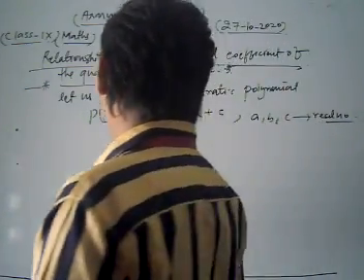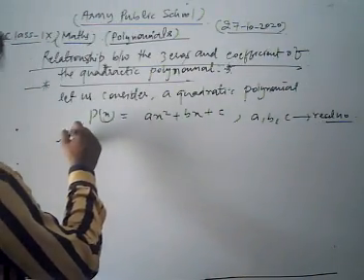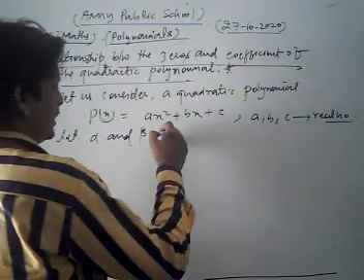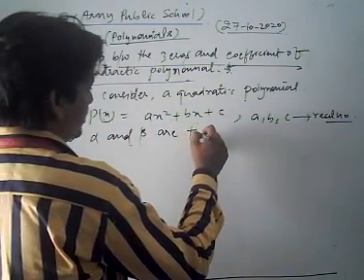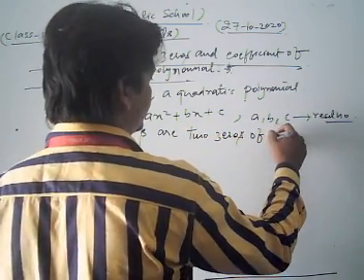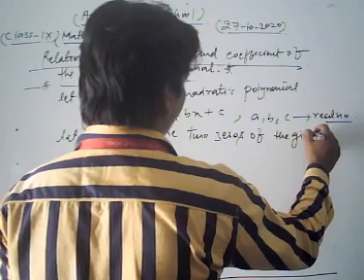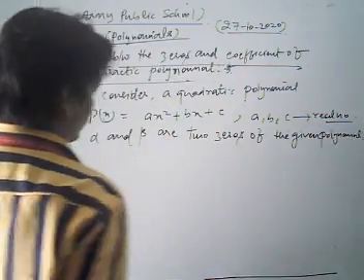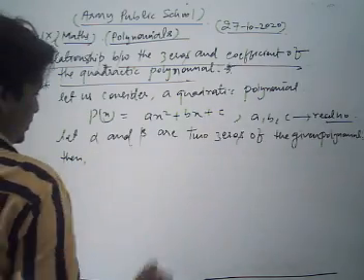Now let alpha and beta be two zeros of the given polynomial. Then there are two important relation formulas.